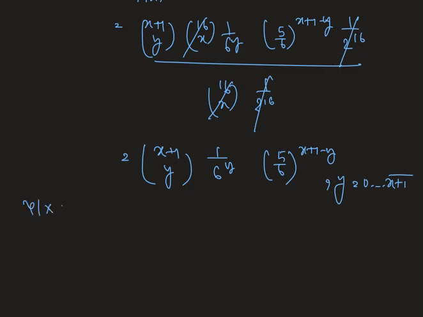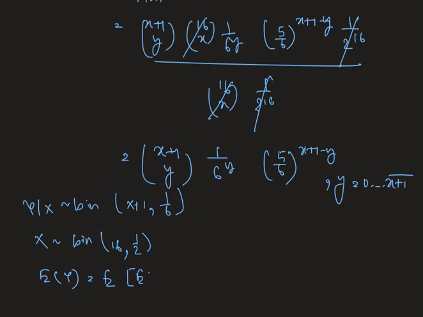Now y given x is binomial x plus 1 comma 1 by 6, and we already have x is binomial 16 comma half. Hence expectation of y can be written as expectation of expectation of y given x.